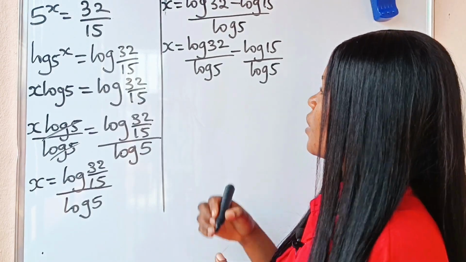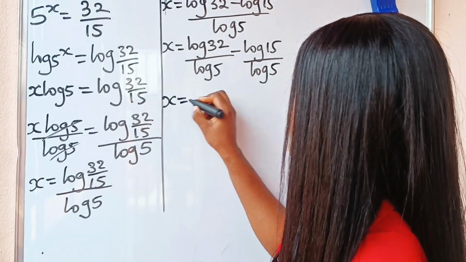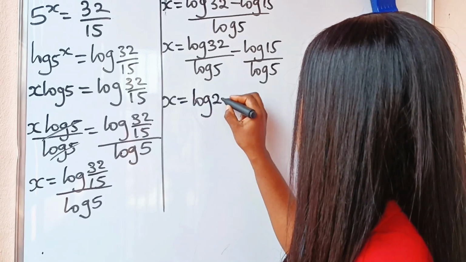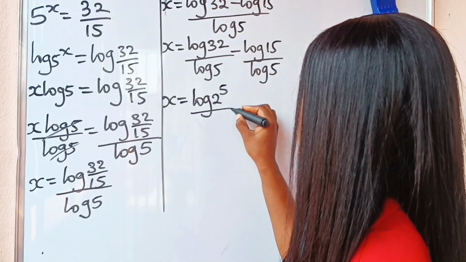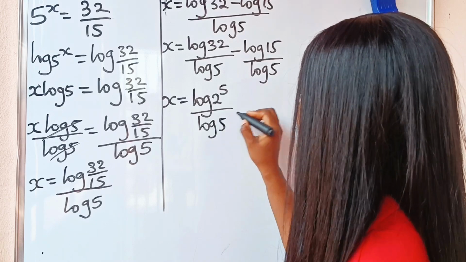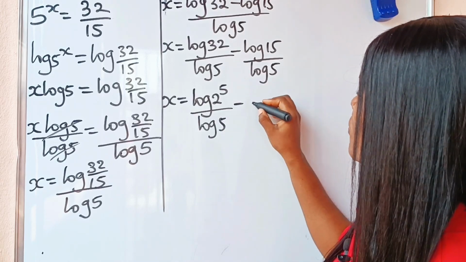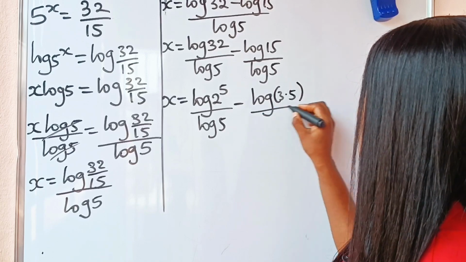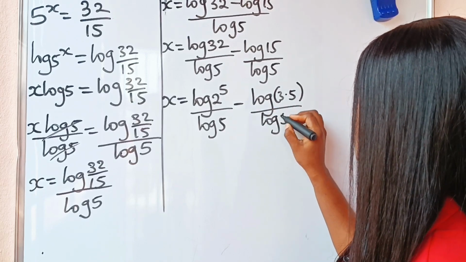Okay, all right, now x is equal to, recall that you can express 32 as 2 to the power of 5, divided by log 5 minus, now 15 can be expressed as 3 multiplied by 5, divided by log 5.